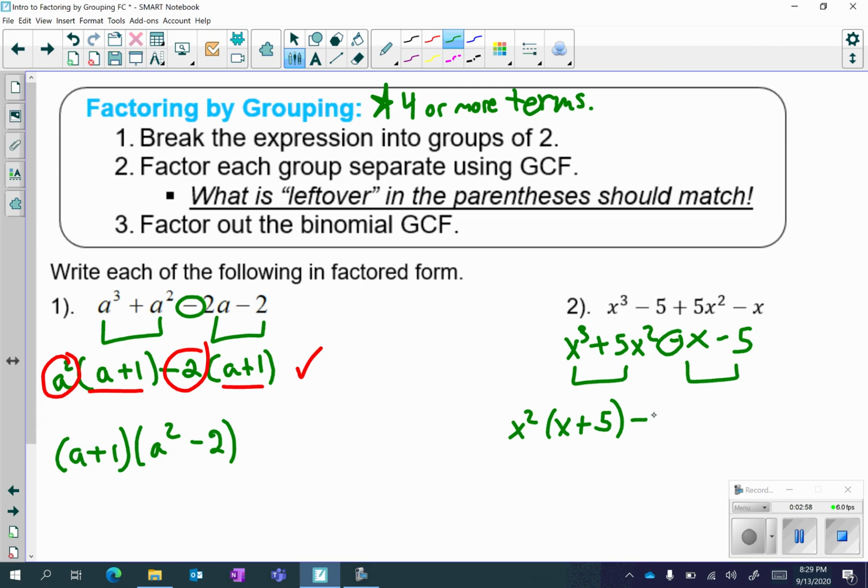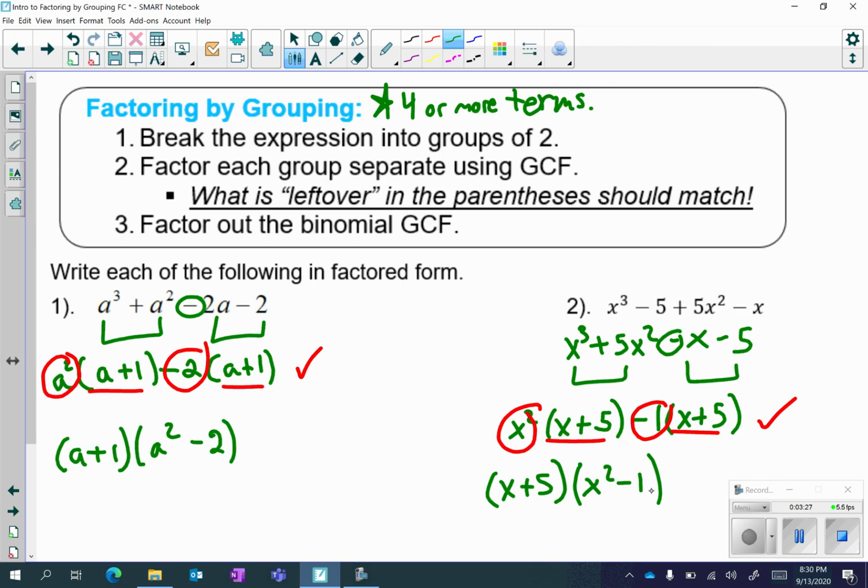So instead, I'm just going to take out a 1. And this becomes an x plus 5, because when you factor out the negative, you take the opposite signs for your insides. I have the same thing in my parentheses, so I know I'm good to go. I'm going to take what's in my parentheses, that GCF of x plus 5, write it on the outside. I'm going to take my leftovers now and write that in the other parentheses.